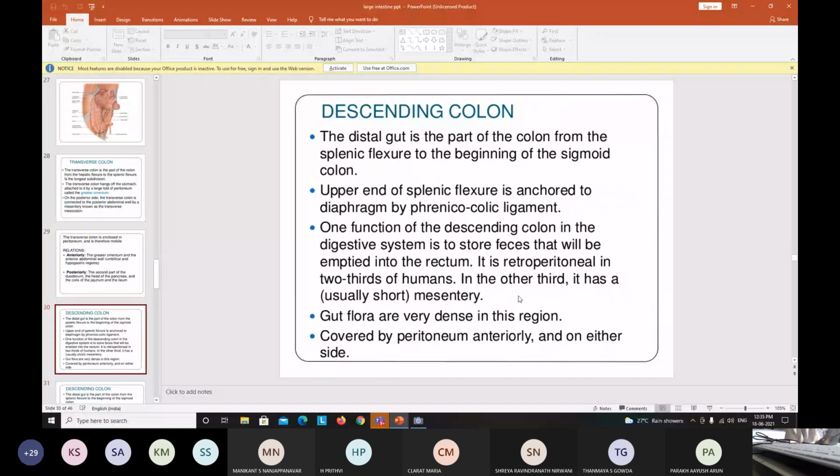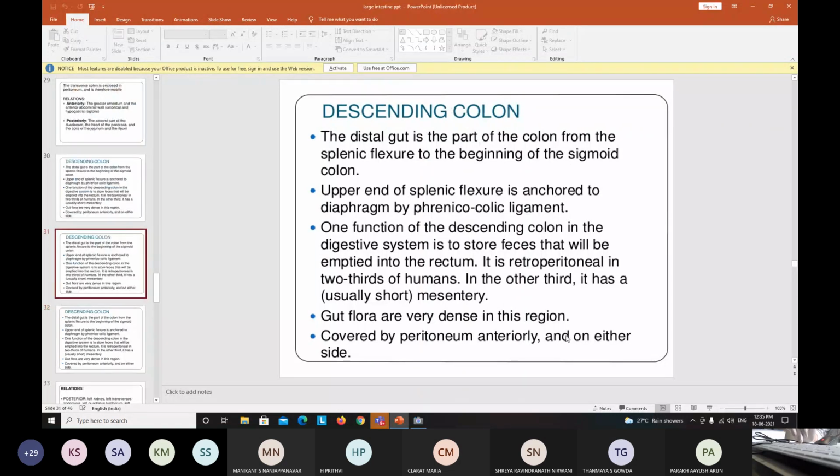Descending colon. The descending colon goes from the left colic flexure, the splenic flexure, to the pelvic brim. Then it continues as the sigmoid colon, which is covered anteriorly by the peritoneum.